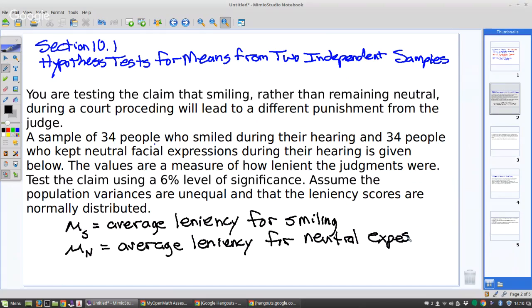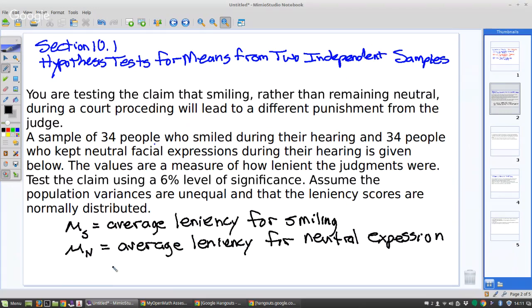So in order to successfully run a hypothesis test, you got to know what your variables are and your hypotheses. So let's see, we have a claim up here that smiling rather than being neutral will lead to a different punishment. So that means they won't have the same leniency rating.